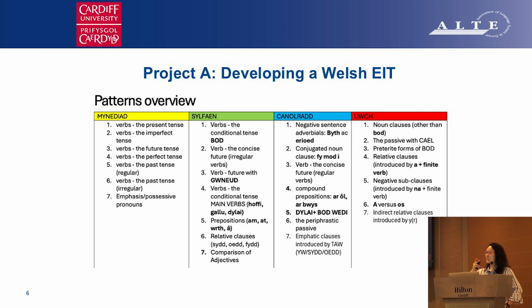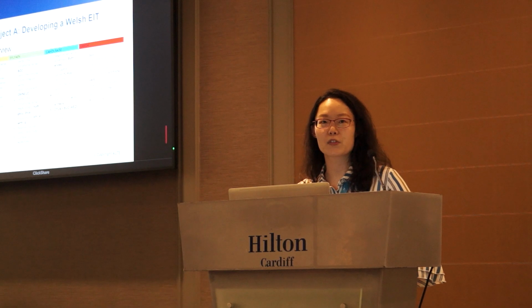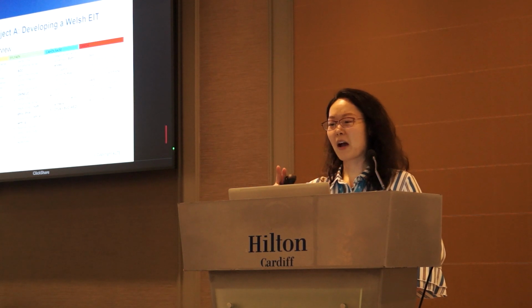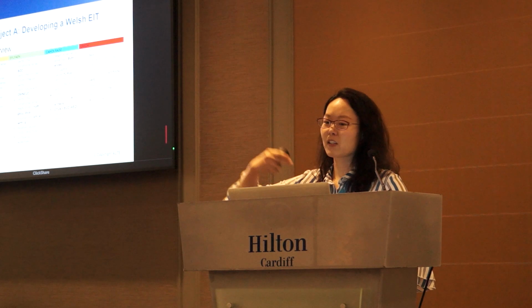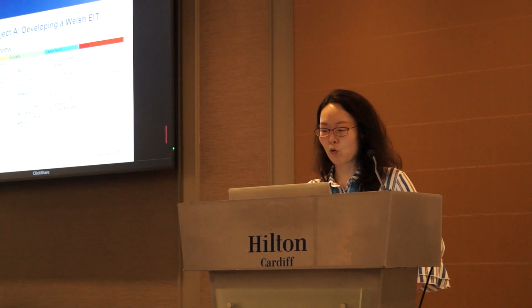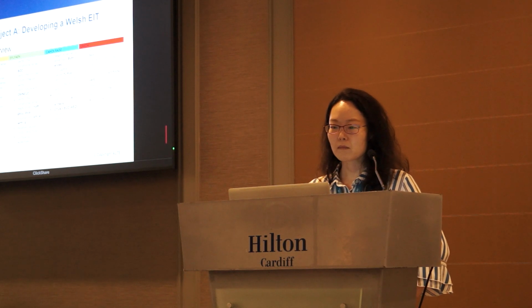Hopefully you can see a very clear transition from lower to higher levels, that the grammatical patterns get more complicated and advanced. There's not really an overlap, so there's a clear transition across different levels.